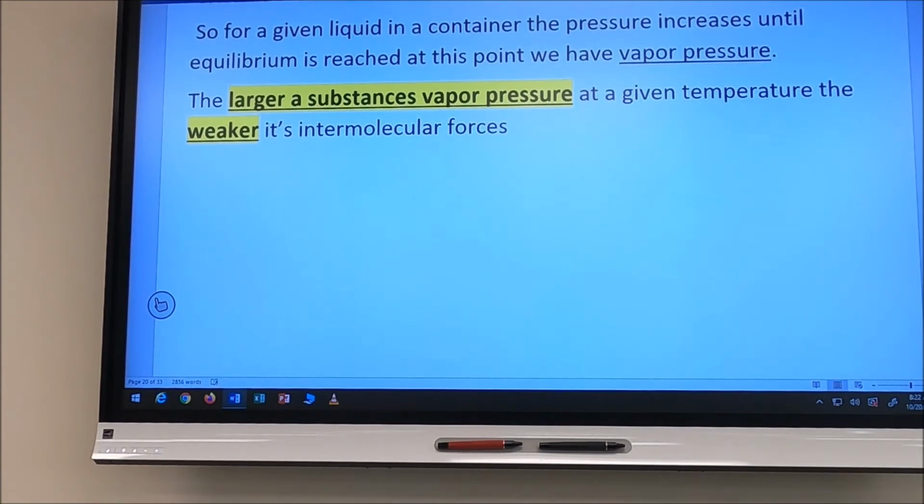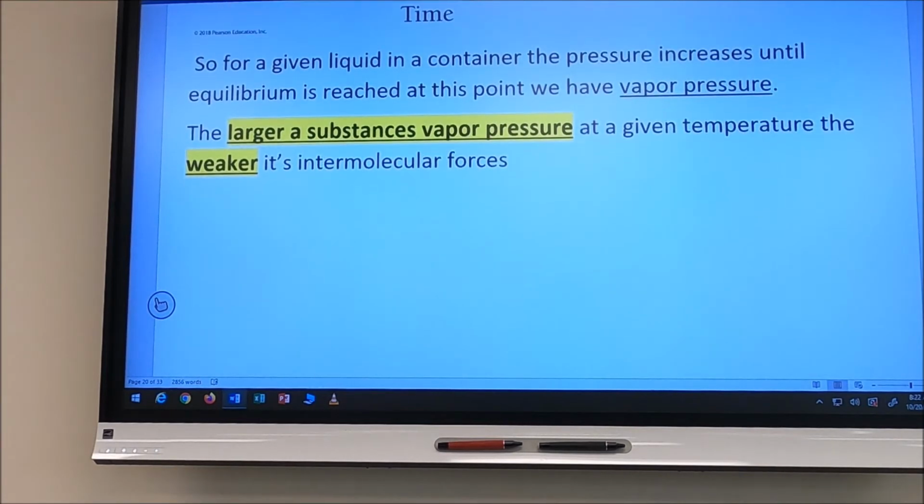So, for a given liquid in a container, the pressure increases until equilibrium is reached, and at this point we have vapor pressure. The larger a substance's vapor pressure at a given temperature, the weaker its intermolecular forces.